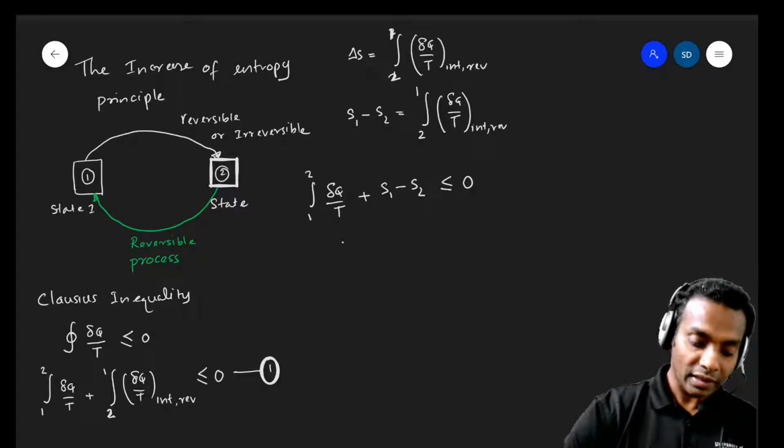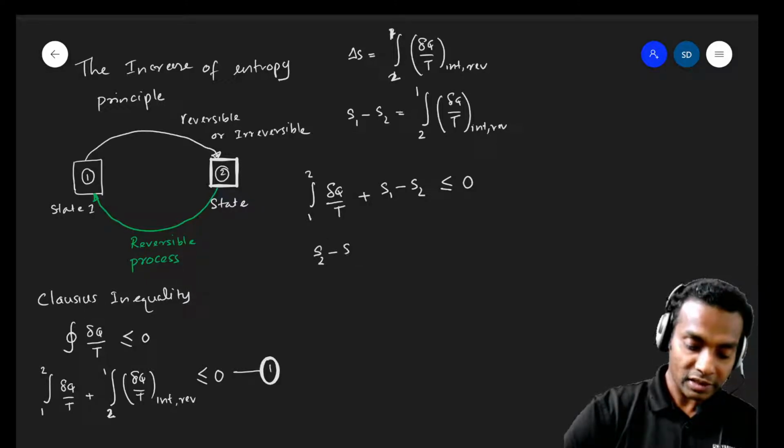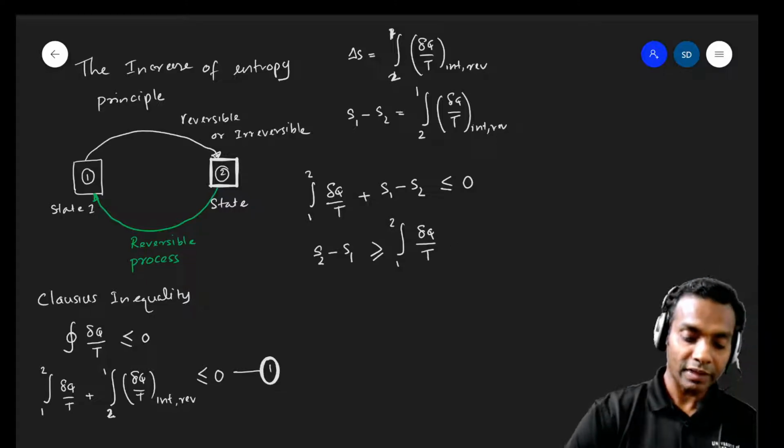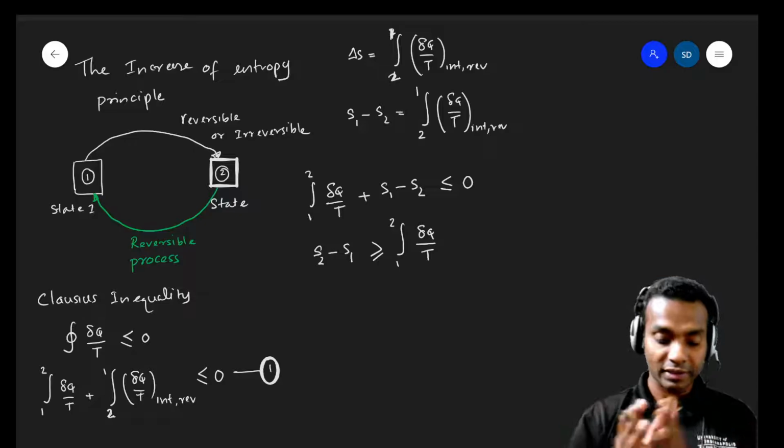From this we can get S2 minus S1 greater than or equal to the integral 1 to 2 of delta Q over T. That's an unknown process, that's not a reversible process.